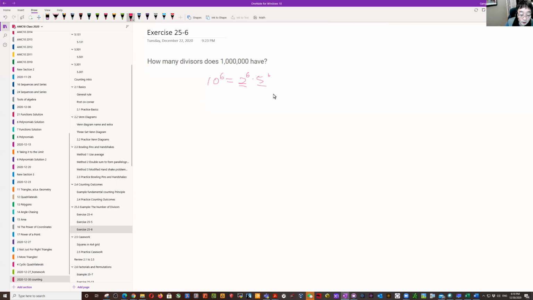For the first prime, you can choose 0 of the 2 all the way to 6 of the 2, so you have 7 ways to choose. Same for 5. So 7 multiplied by 7 equals 49. So 49 is the count of possible positive divisors 1 million will have.